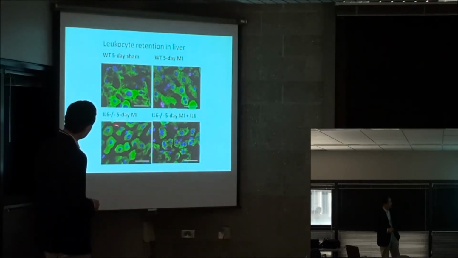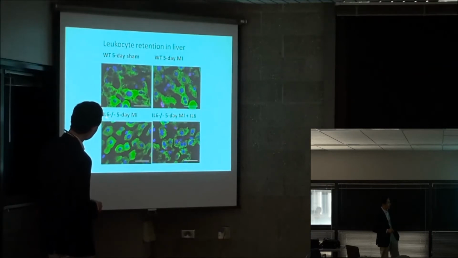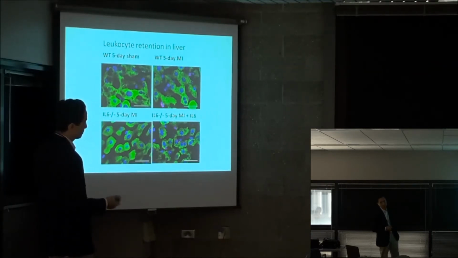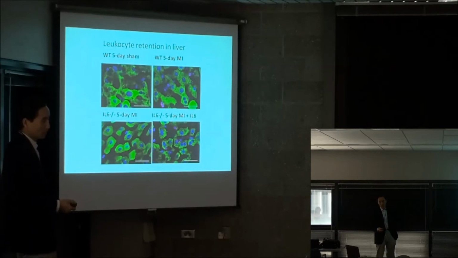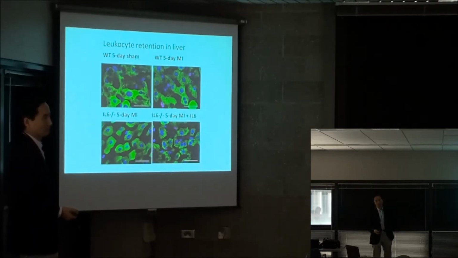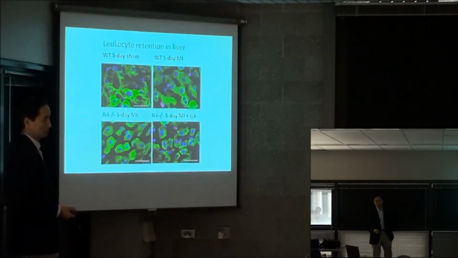But when you knock out IL-6, just completely genetically remove IL-6 in the mouse, you don't see leukocyte retention within the liver post myocardial infarction.